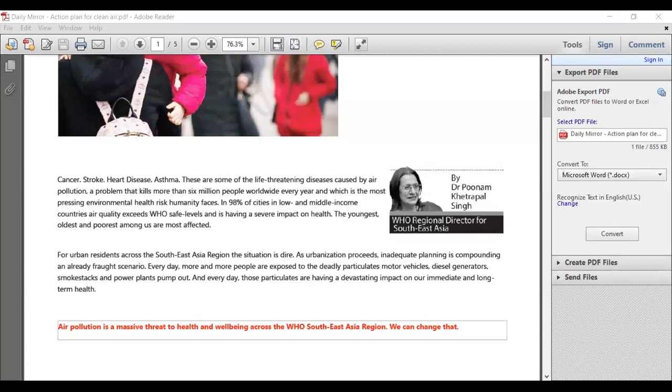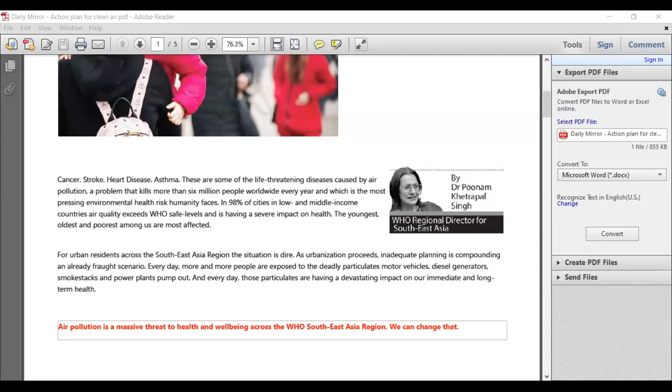This is about the health risk of air pollution: cancer, strokes, heart diseases, lung diseases, asthma.